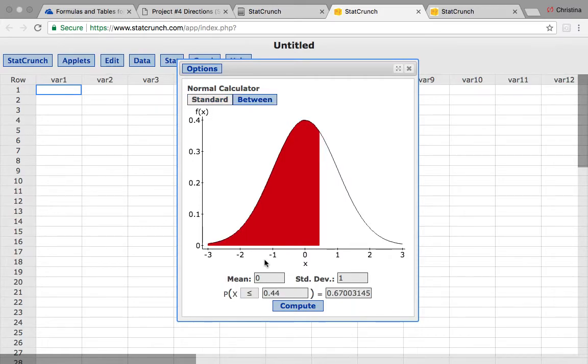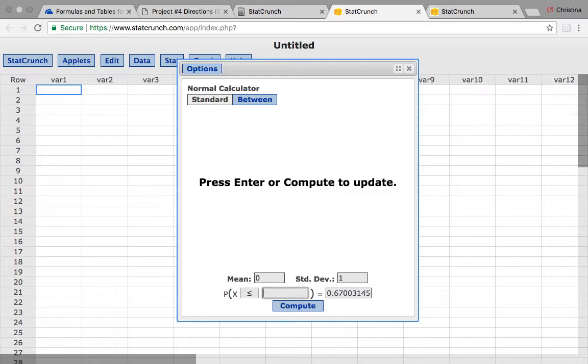Remember, on the first example, we started with the z-score, but what if we don't have the z-score? If they give us the probability, let's say that the area to the right of an unknown z-score is 0.2061, I'll put in that area.